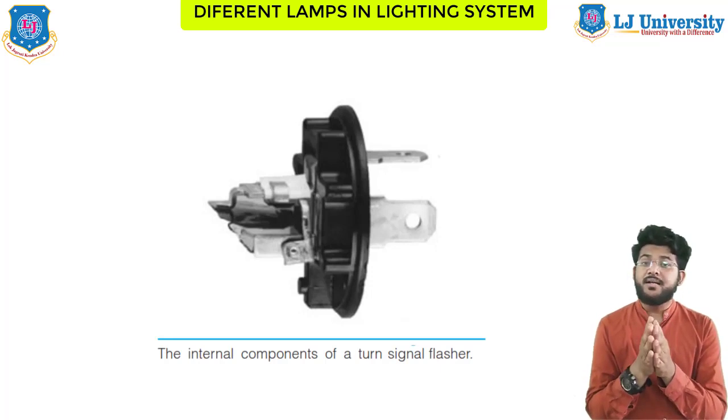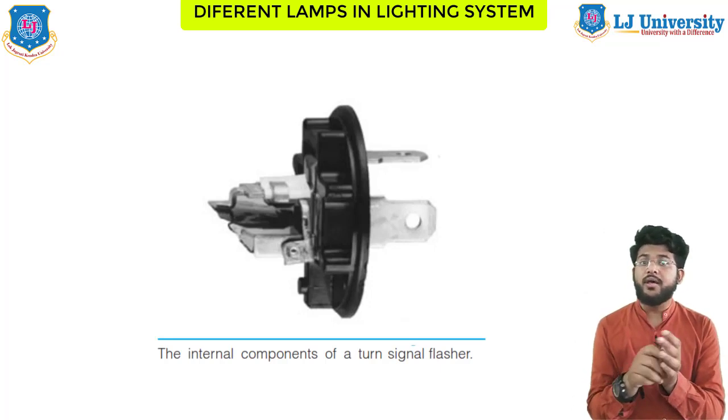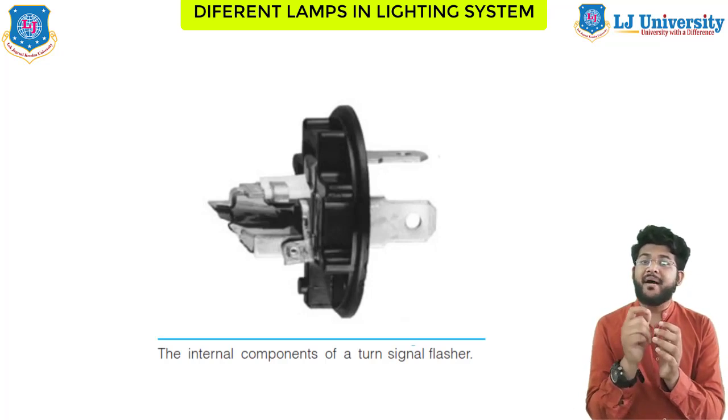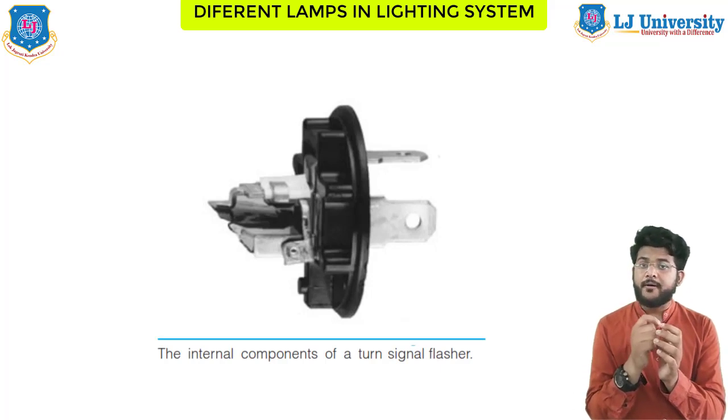Now the turn signal circuit must include one or more indicators to show the driver that the turn signals are operating. The indication must be there on the dashboard. These indicators are small bulbs in the instrument panel that provide a parallel path to the ground for some of the flasher unit current.